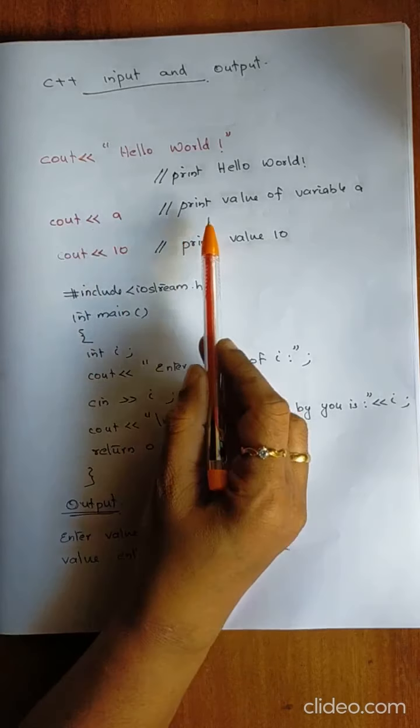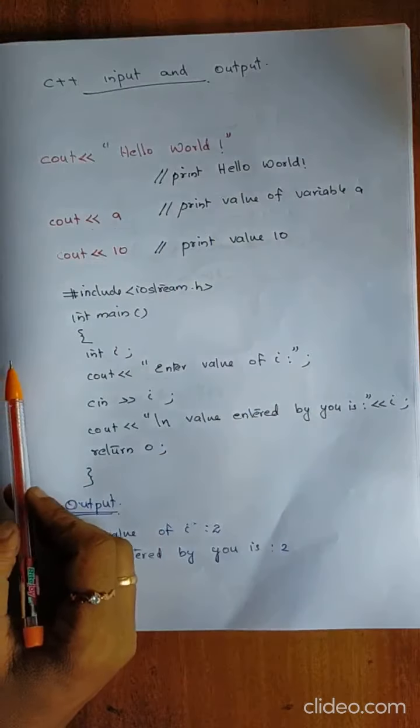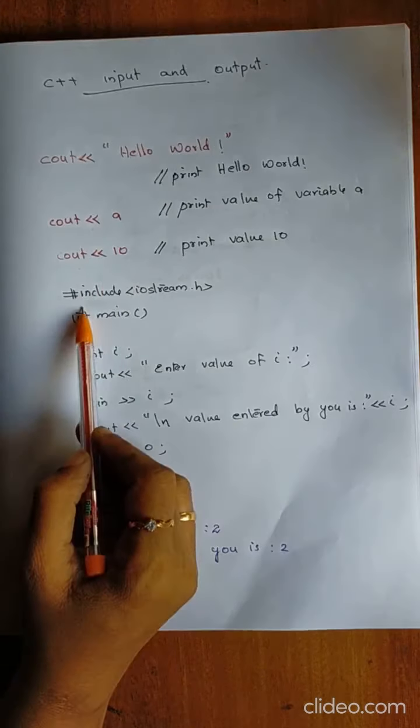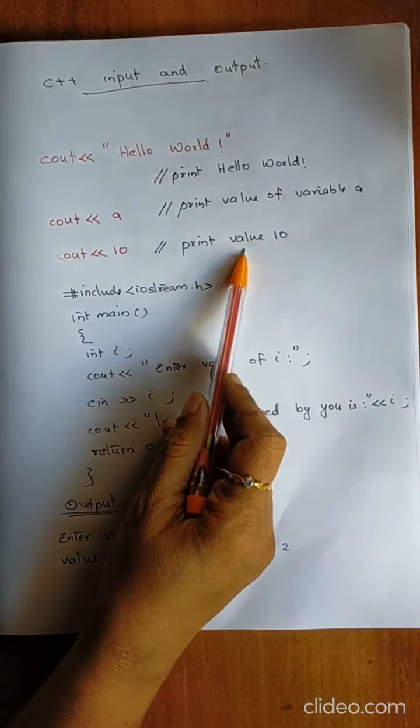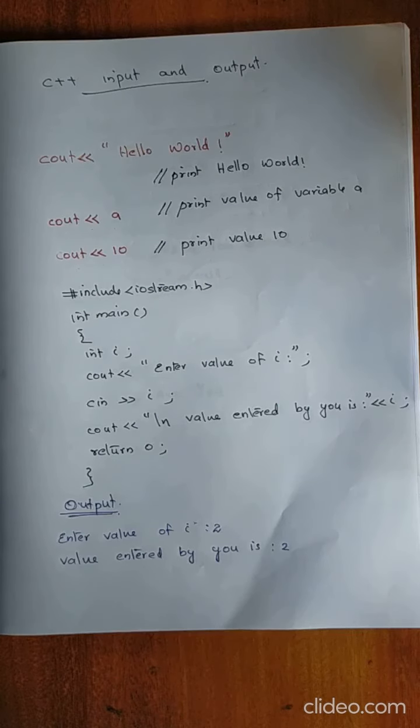This is to print the value of a variable a. And next, cout insertion operator 10. This is to print the value 10. And multiple insertion operators may be chained in a single statement.